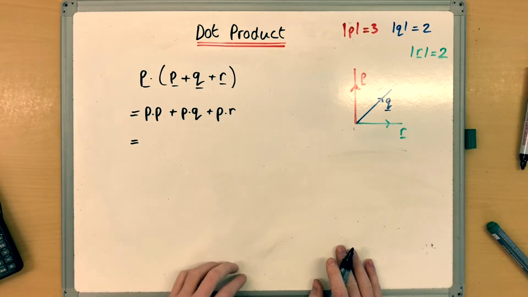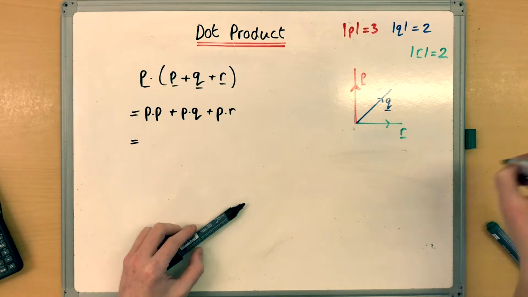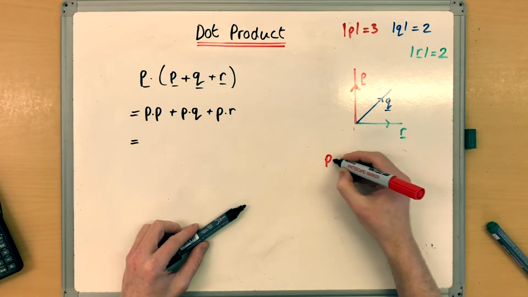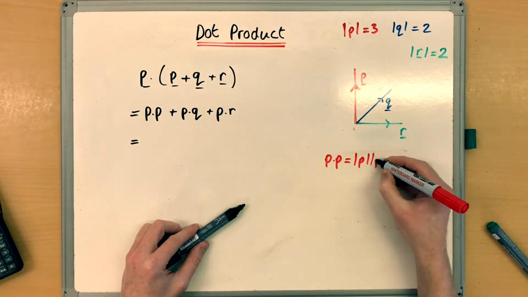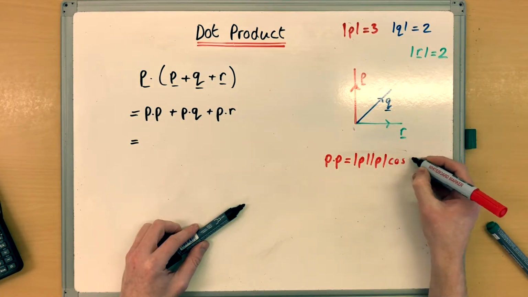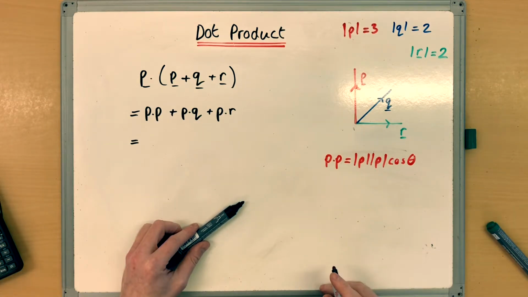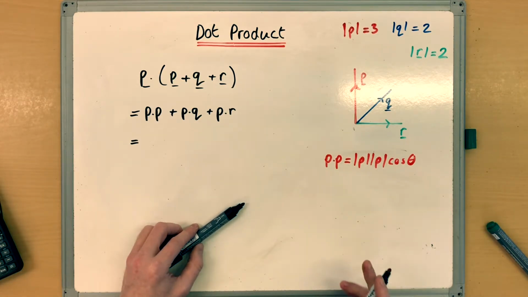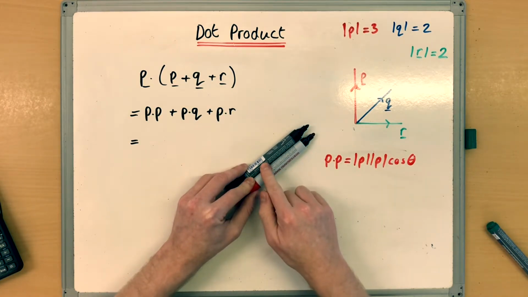So P dot P, okay, I'm going to go over here and try and figure this out. So if I use my formula, P dot P equals magnitude of P, magnitude of P, cos theta. Well, hang on a second, what is the angle between P and P? Well, if this is P and this is also P, the angle between them is clearly 0.